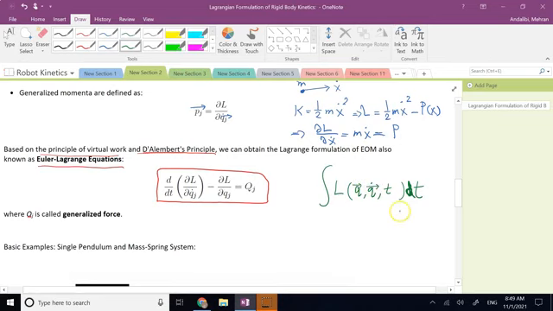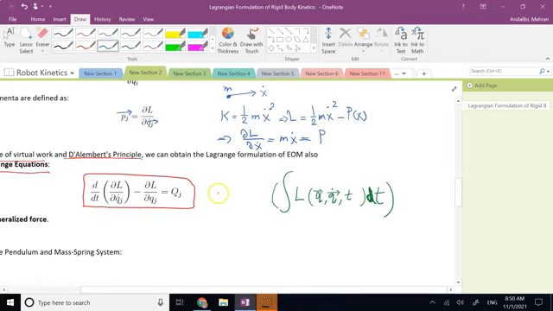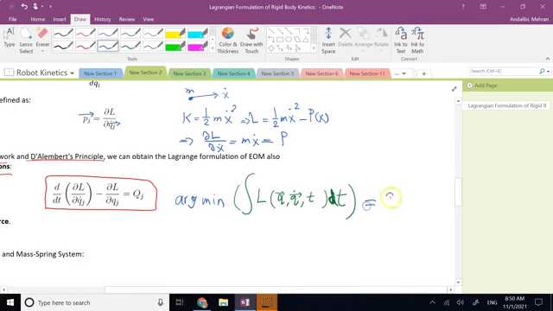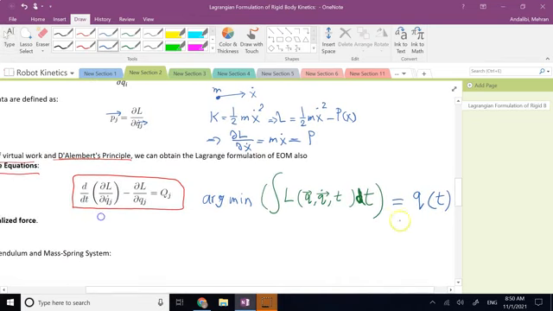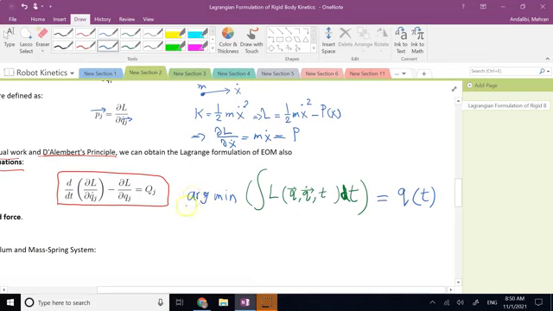If I want to minimize this, correct, then the function q of t, which allows this integral to be minimized, so basically the argmin of this thing, the solution of that will be q of t. If you call it q of t, then q of t would definitely be plugged into this equation, and the equality will hold.